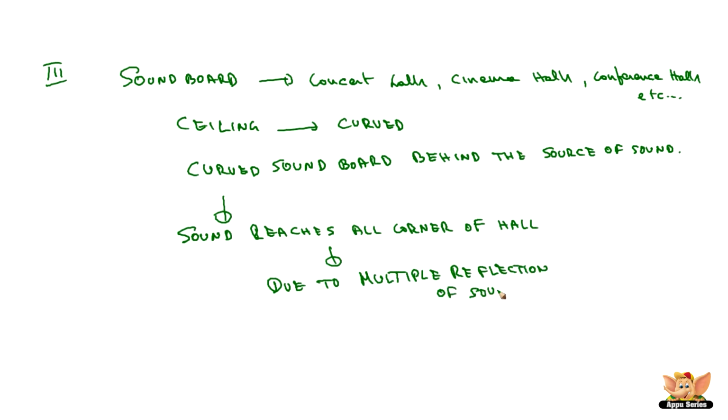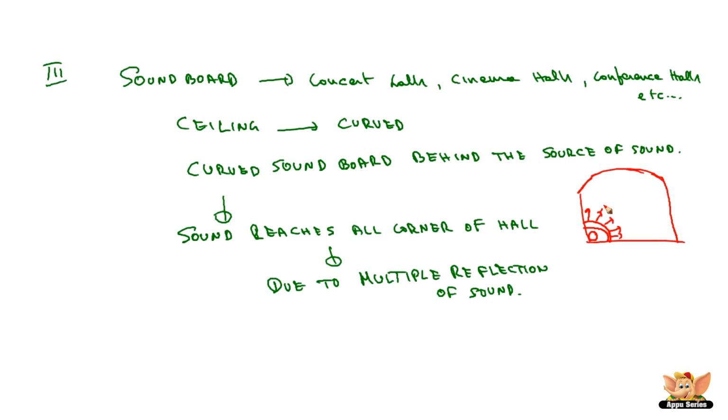If you take, for example, a concert hall, let's say the concert hall is like this. You will have a curved ceiling. What happens if the sound goes from here like this?